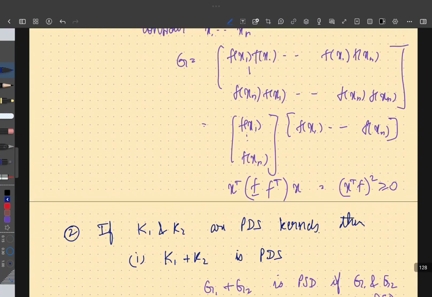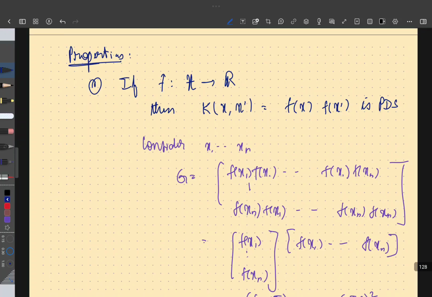So these are some basic properties of PDS kernels which allow us to either construct new kernels or prove that certain kernels are PDS.